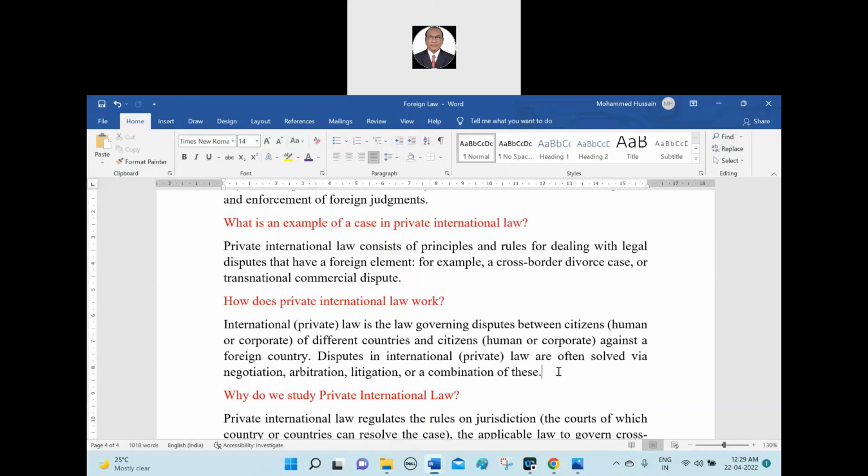It takes its own time before it is resolved. For instance, civil cases take years together, and even the person who filed the case loses money and time, and the person who is defending the case also loses time and money.